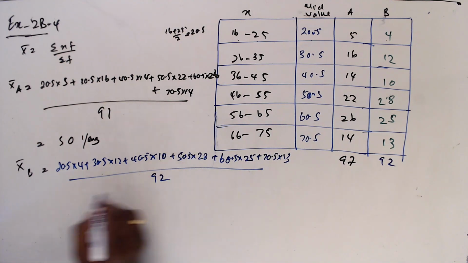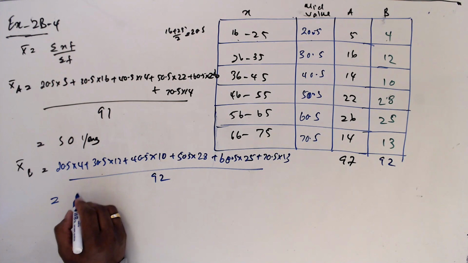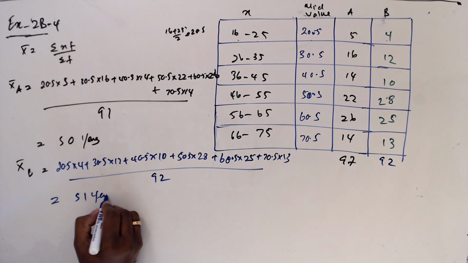So divide by 92, we will get the answer 51 years.